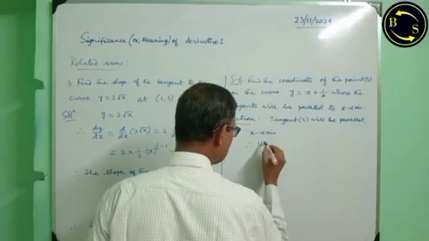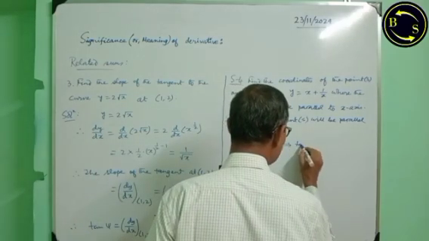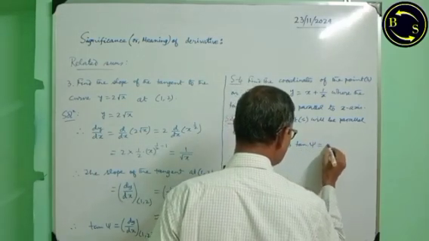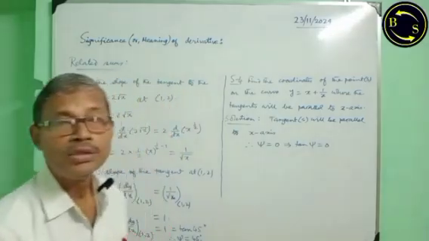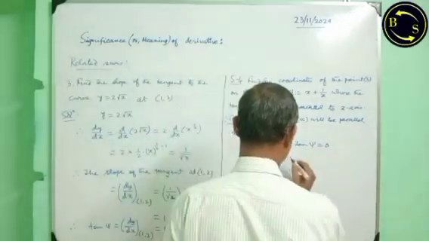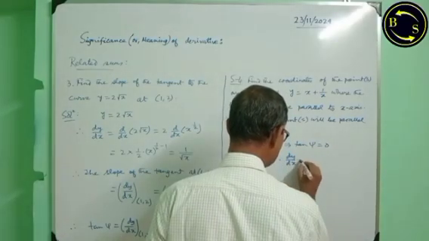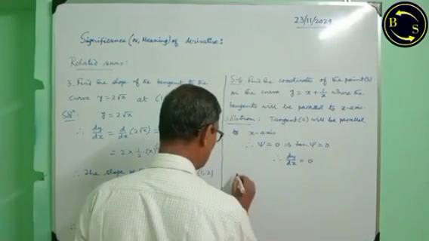Therefore, psi is equal to 0. From that, tan psi is equal to 0. Slope will be 0. Therefore, dy/dx equal to 0.